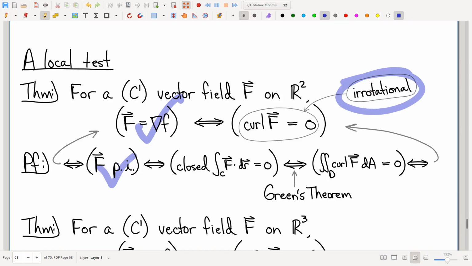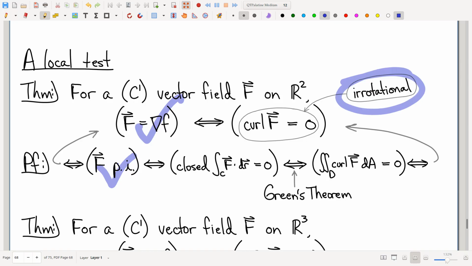So regularity issues aside, if you see irrotational, you instantly know it's path independent. You instantly know it's a gradient. And by the way, don't forget, we also have another terminology for gradients, conservative. So we have 4 words to be on the lookout for. If you see any one of those 4 words, you also get the other 3.